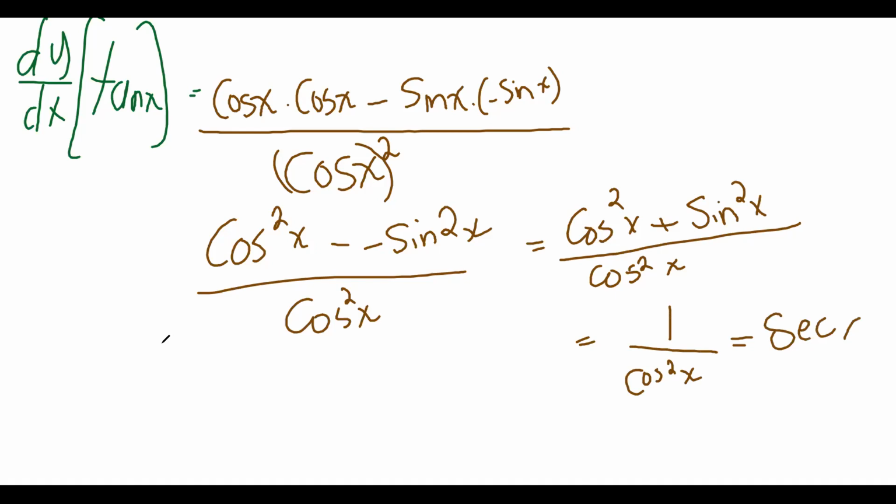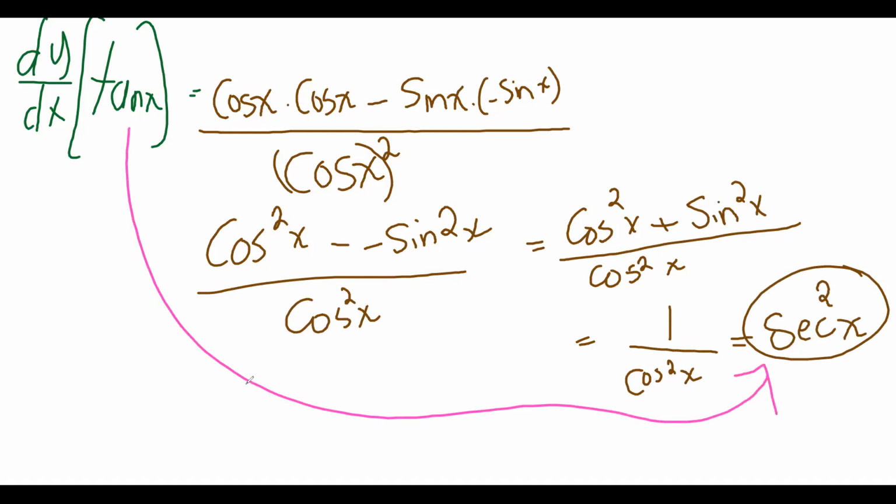And 1 over cosine squared will be secant squared. So we proved that the derivation of tan is secant squared x. Is it clear? Yes. Okay.